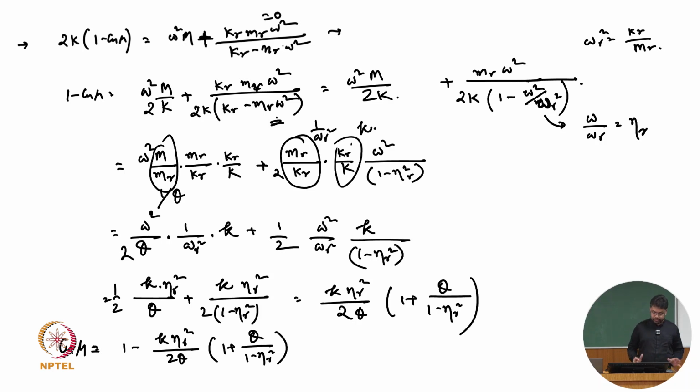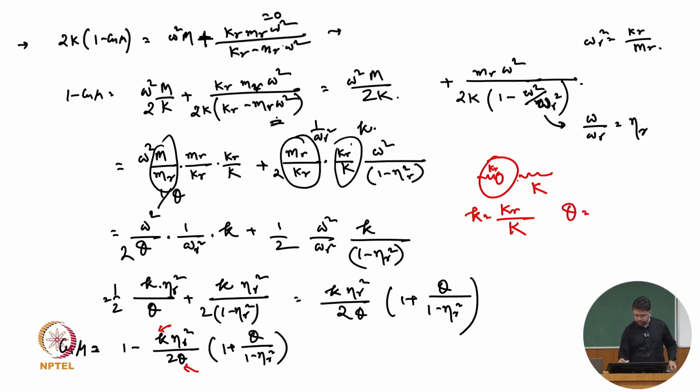So here, if we think for a particular chain, what are the things we know? If we think carefully, kappa is nothing but the ratio between these two springs: Kr divided by K is my kappa. So kappa equals Kr divided by K. What is theta?